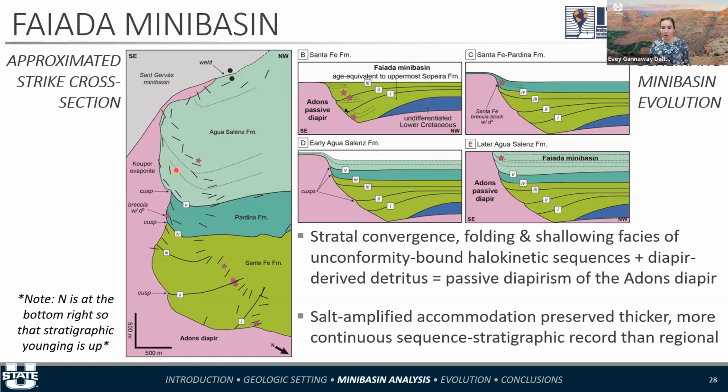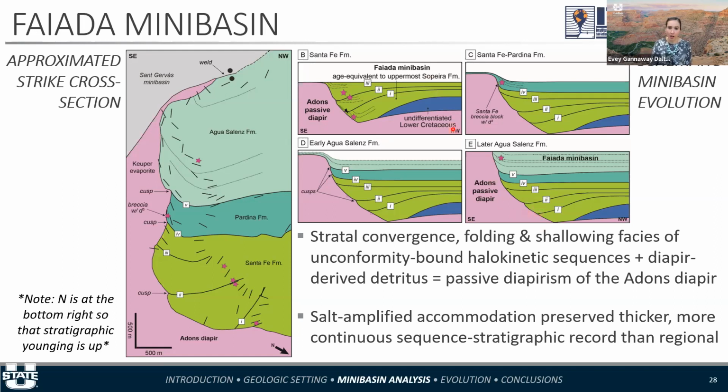So in other words, we're looking at halokinetic sequences and diapir-derived detritus, all giving us strong evidence for passive diapirism of the Adons diapir. For this reason, we invoke increased local accommodation here in response to salt evacuation from beneath the Fayada mini basin. You can see this schematically represented here.